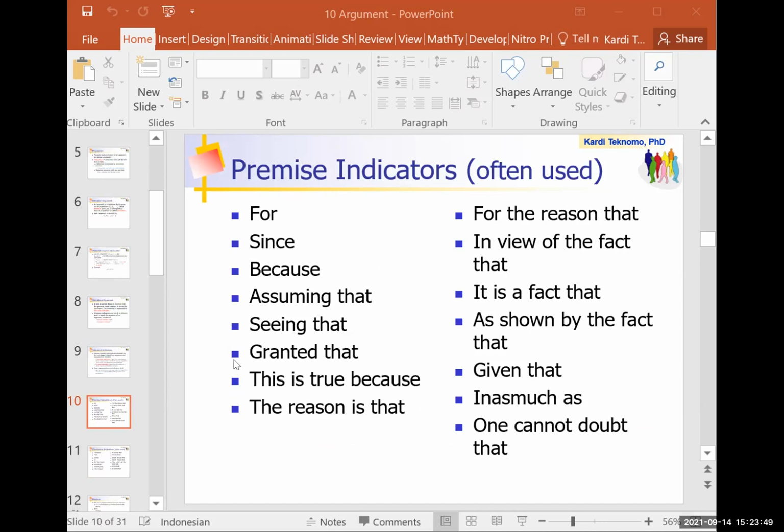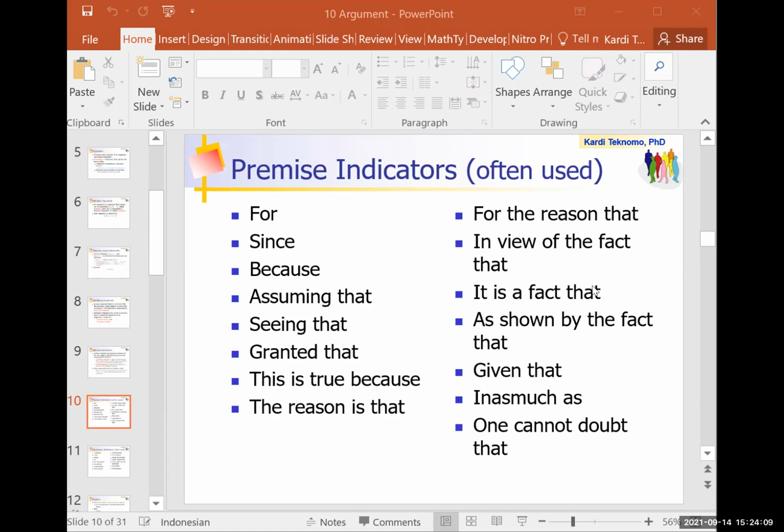So what are the premise indicators that are often used? These are the words. For, since, because, assuming that, seeing that, granted that, this is true because, the reason is that, for the reason that.